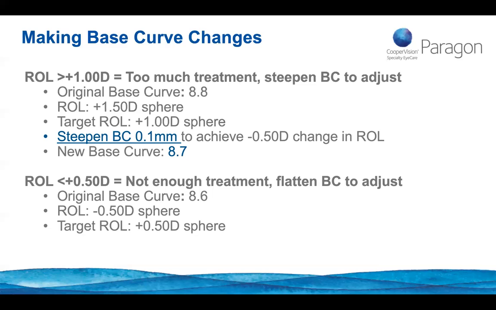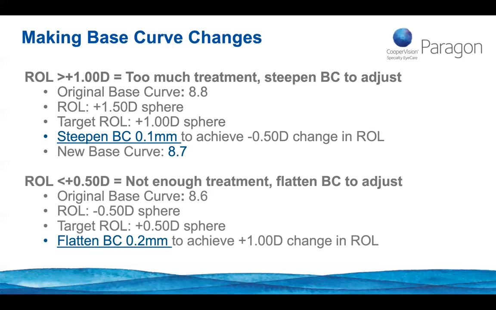They have half a diopter of minus, and our target ROL, let's say here, is plus 50. So we're going to need to change by a whole diopter, and we want to flatten the base curve by 0.2 millimeters to achieve that diopter change in the ROL. So what will the new base curve be? 8.6, if we flatten by 0.2, will be an 8.8 base curve.